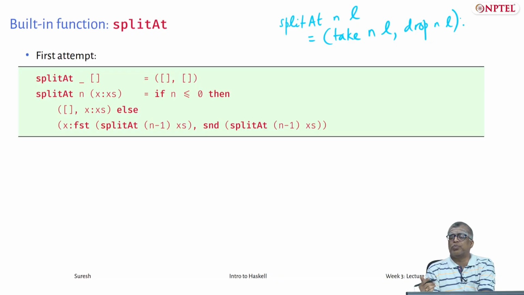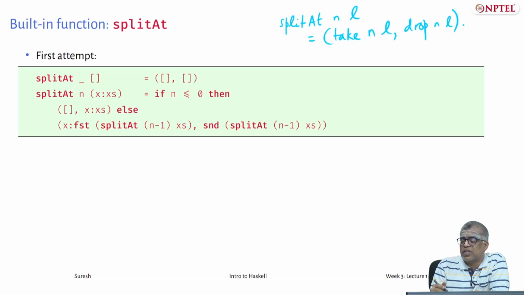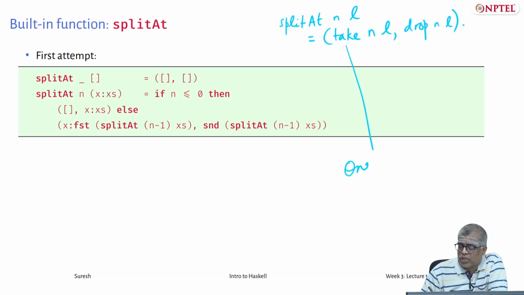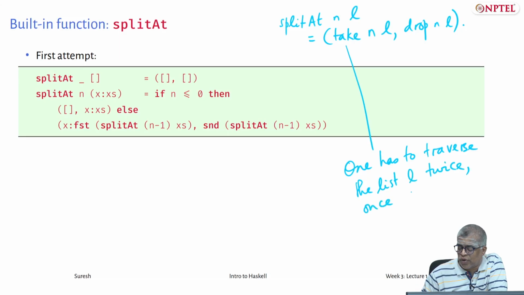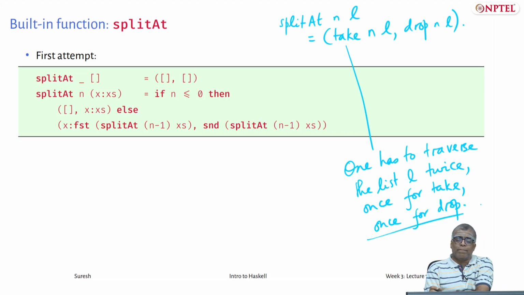The second part of the pair should be the list which contains everything other than the first n elements. Of course one could have this definition, but in this definition one has to process the list twice. Once for take, once for drop. So that's a problem.